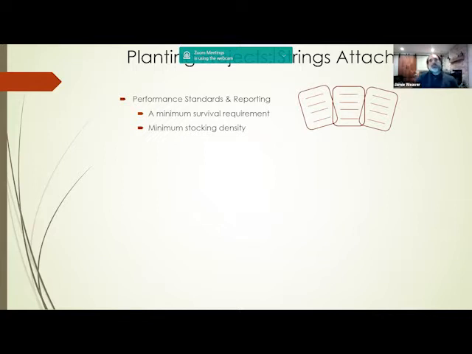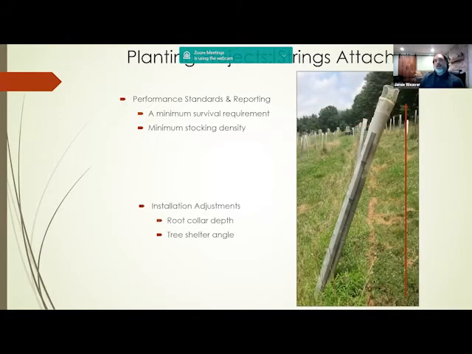So I had mentioned briefly that some of these programs will require certain performance standards expressed as either a percent survival or some minimum stocking density of trees per acre. And for some states, payouts of the cost share are done over several years, and it's based in part on the angle of the tree shelters and how well the depth of the root collar and the seedling have been planted.